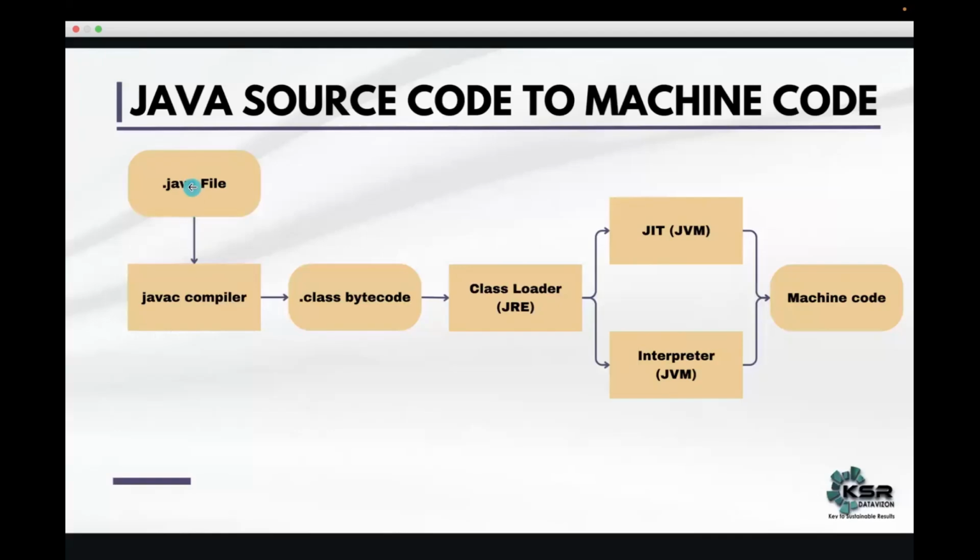So that's why the .java file is compiled to bytecode, a .class file. You can use this .class file to execute your Java code. You can circulate it, or there is a tool called jar, which we have seen in the JDK.